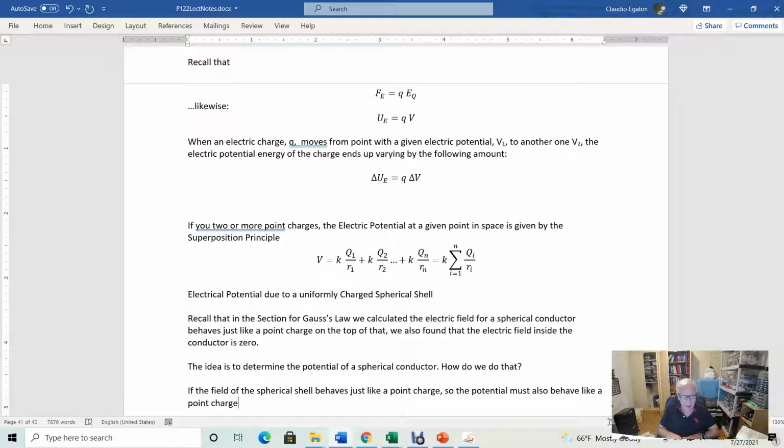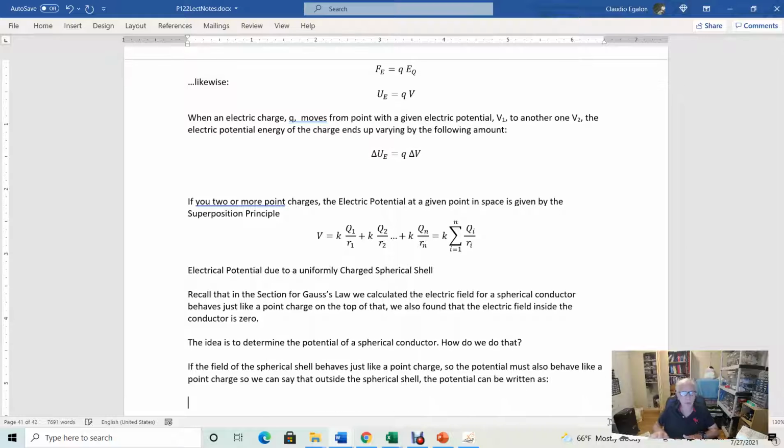So we can say that outside the spherical shell, the potential can be written as that of a point charge: kQ over r.